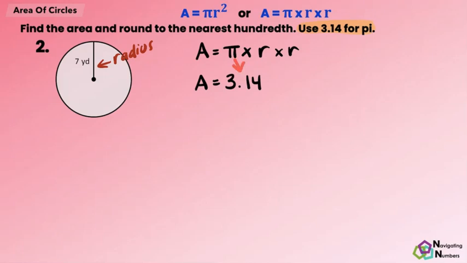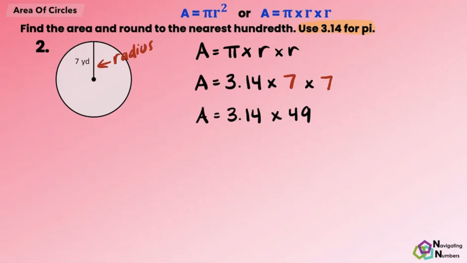So pi is 3.14, and here the radius is 7, so we have 3.14 times 7 times 7. We know 7 times 7 is 49, so we have 3.14 times 49.